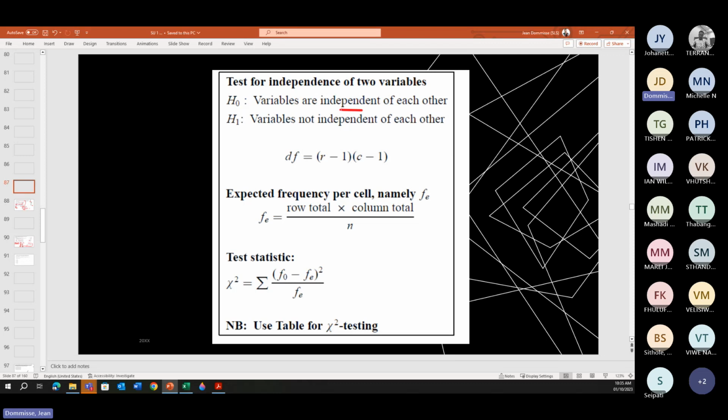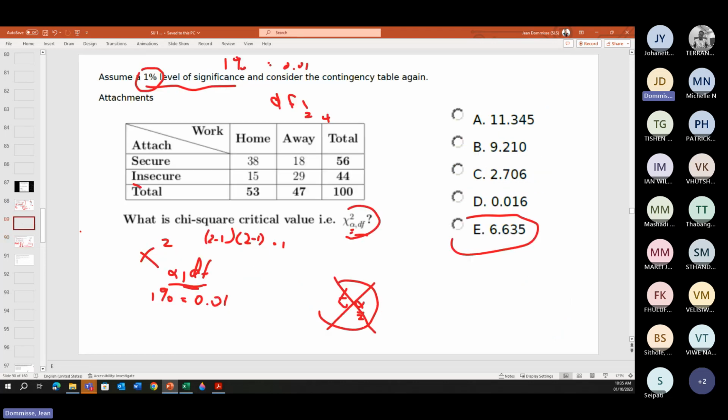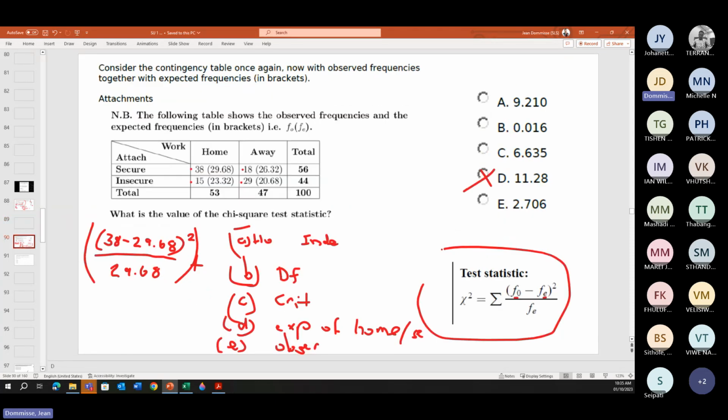So most of the time it will be something that's independent. So most of the time the chi-square that you calculate will be bigger than your critical value. So here my critical value was 6.6. So that is exactly that one. So we could have already eliminated that.